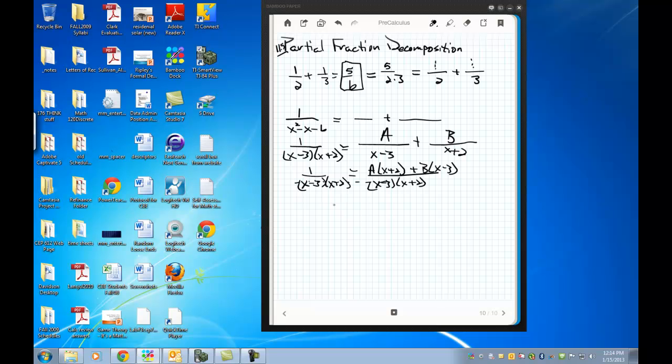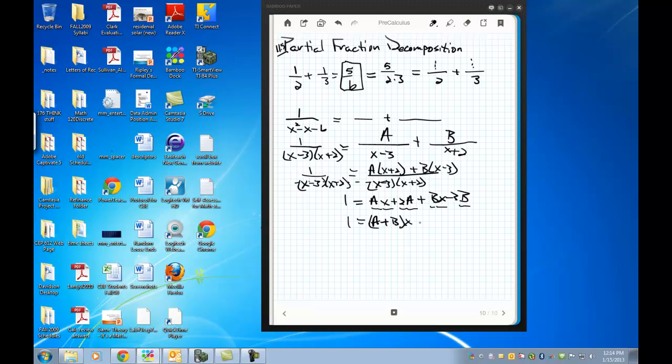So, check this out. I'm going to rewrite this as Ax plus 2A plus Bx minus 3B equals 1. And then what I'm going to do is gather my terms by my x's and then by my constants. And what I'll end up with is 1 equals A plus B times x.